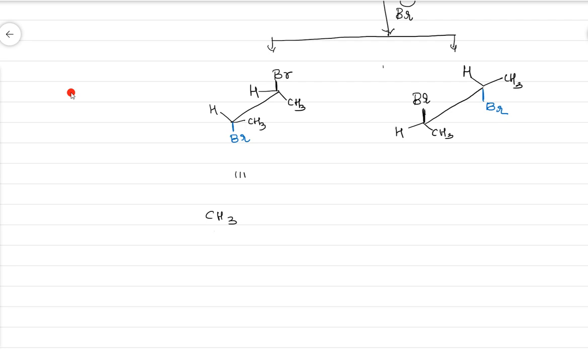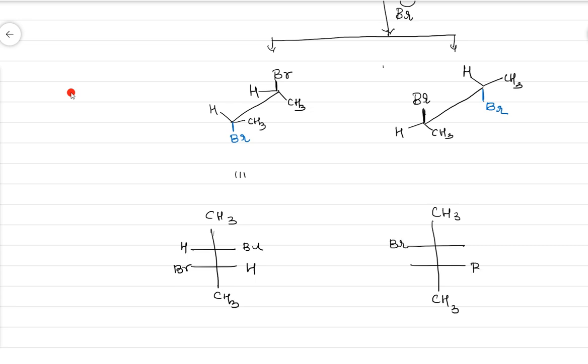Write all the carbons in a straight line. Br, H, H, Br. And this CH3, CH3. Look at the structures properly. This is Br, Br, H, H.